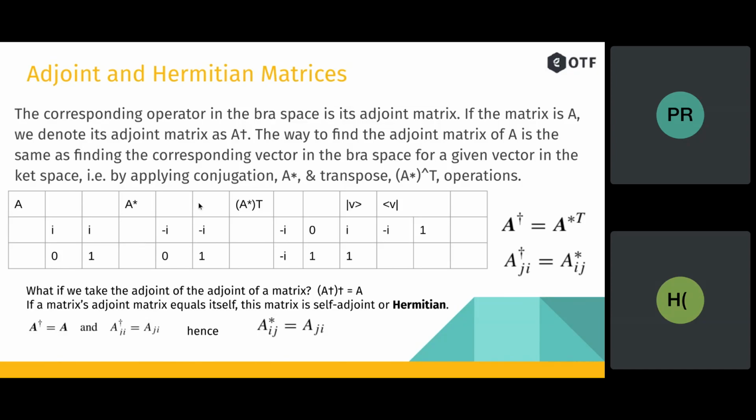For example, if you take a complex conjugate of it, real numbers stay as they are. Imaginary numbers like i become minus i, and minus i goes to i. So this 2 by 2 matrix, you have taken the complex conjugate.